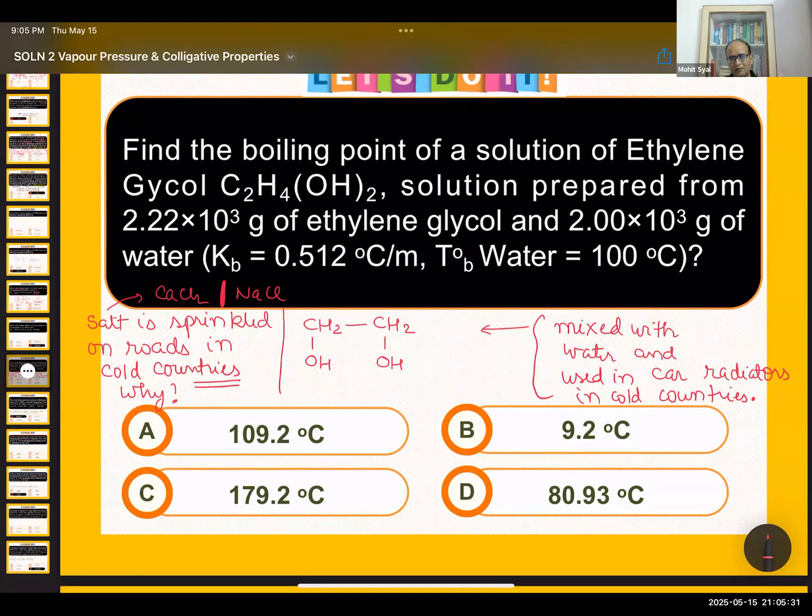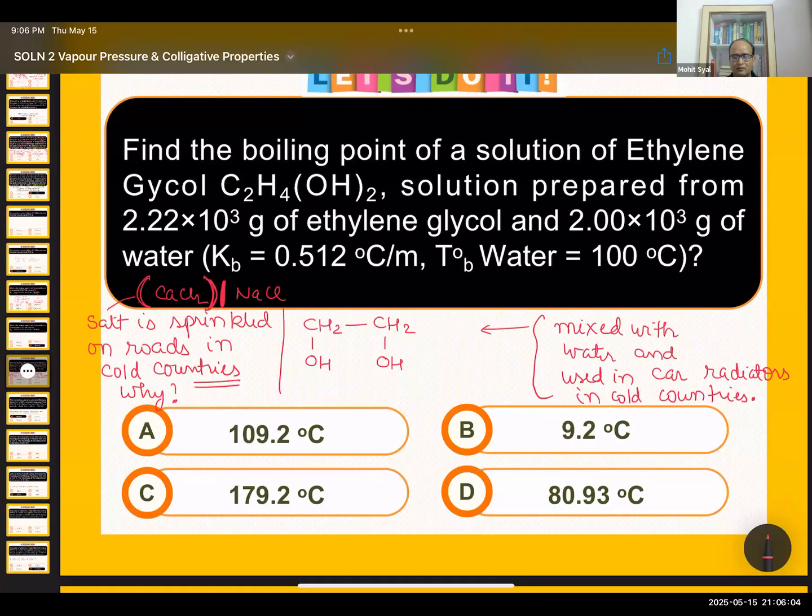Calcium chloride is also a salt of calcium and chloride ions. So which is better for this purpose, CaCl2 or NaCl? I hope you are getting my point. So CaCl2 is better.